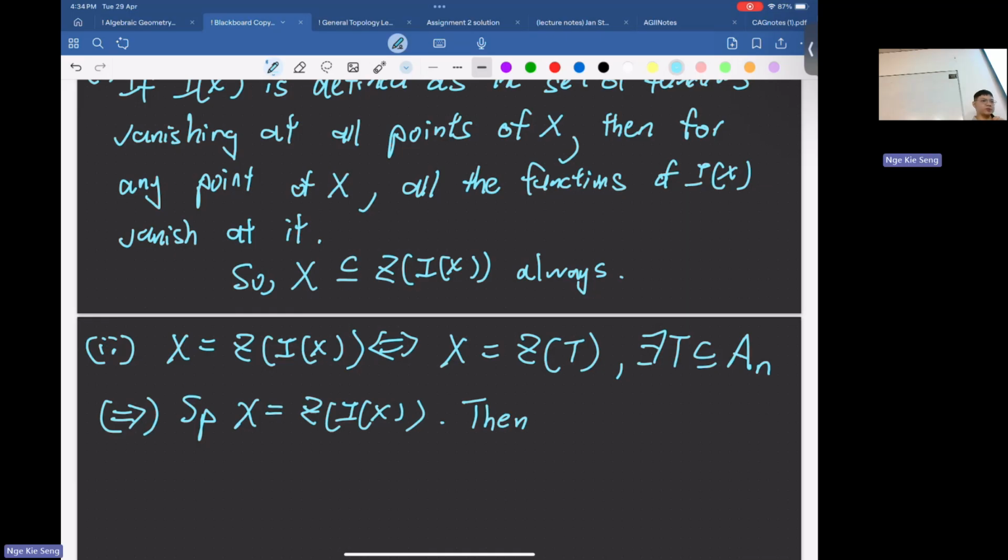You just choose your T to be Ix. Where do you find Ix from? Ix lives in the polynomial ring. So this is the T you want to find here. For this kind of argument, you don't even need to know what Ix is. You just need to know where it lives.